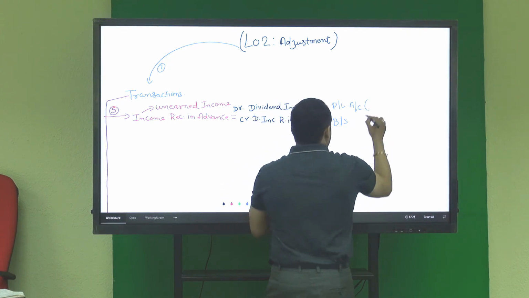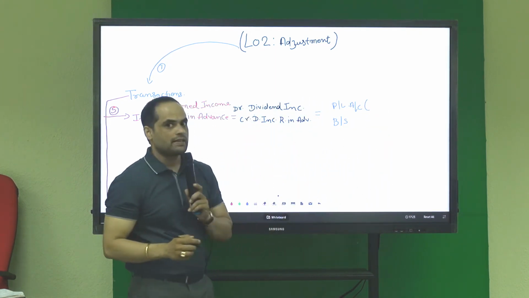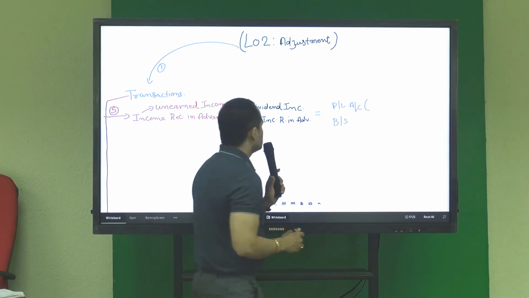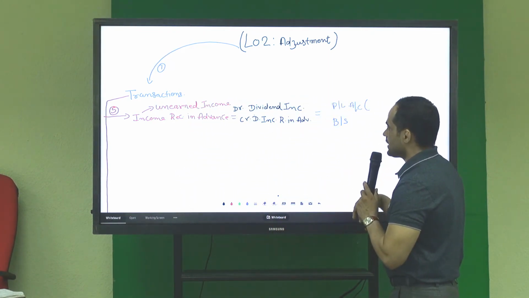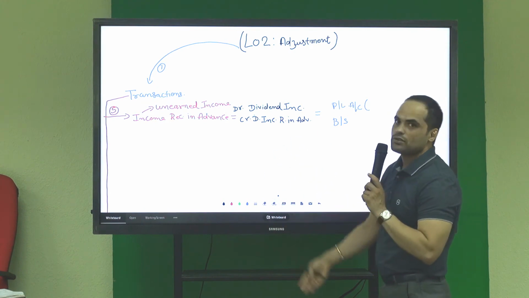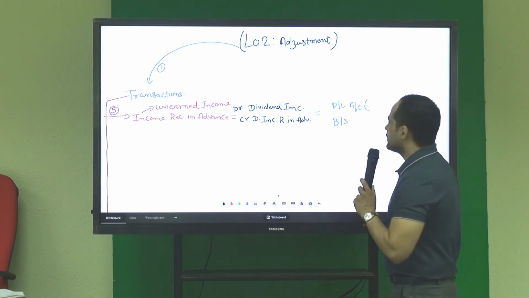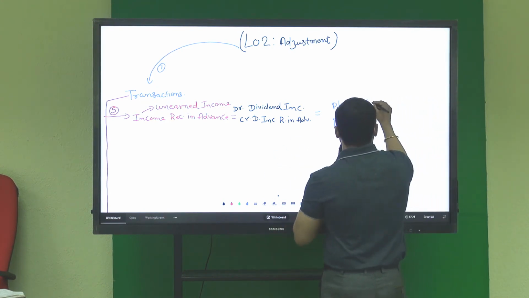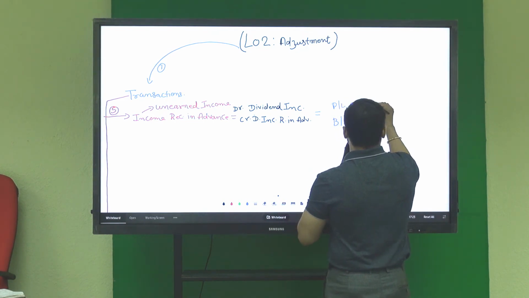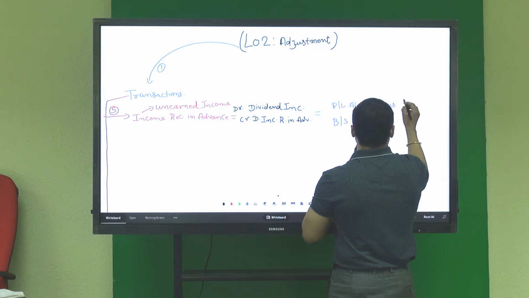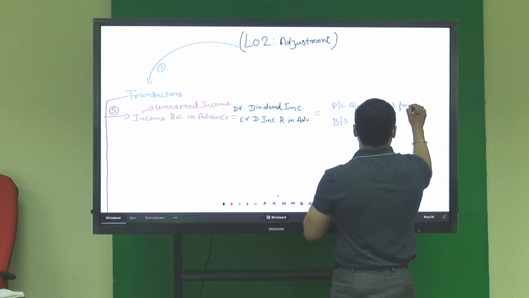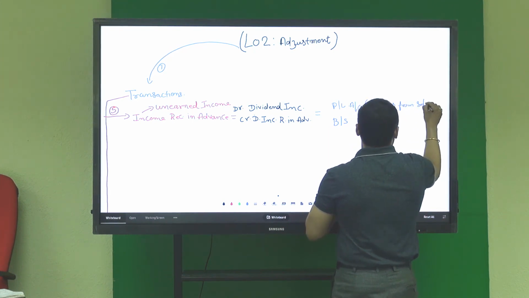In the profit and loss account, it will be treated as a deduction, so you can subtract it from sales.